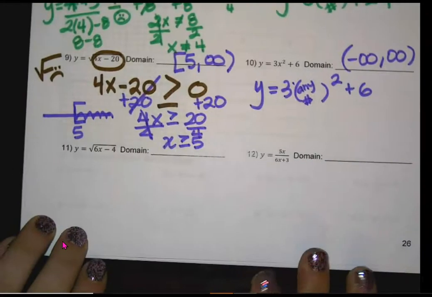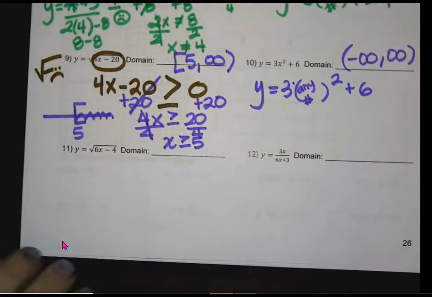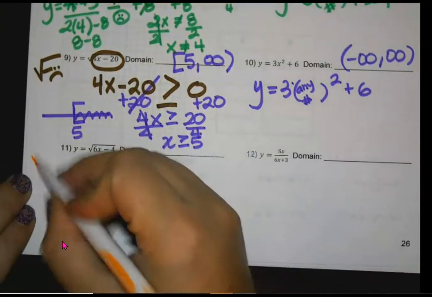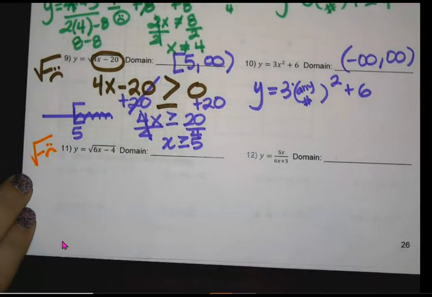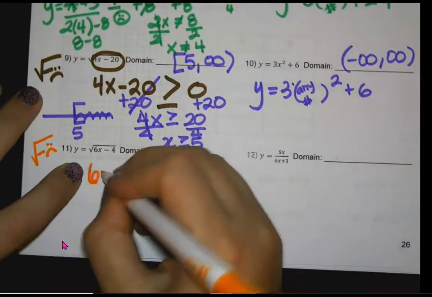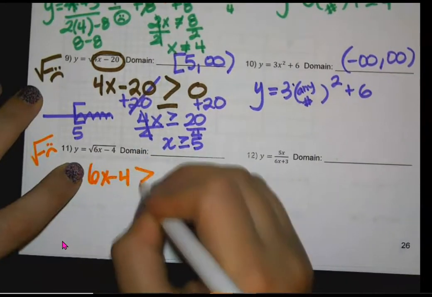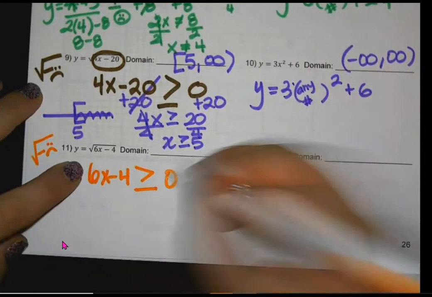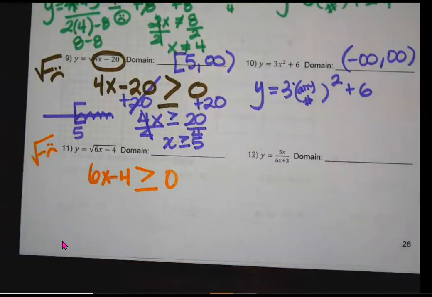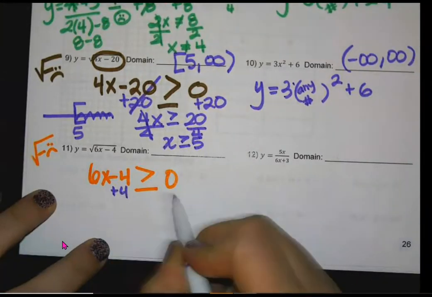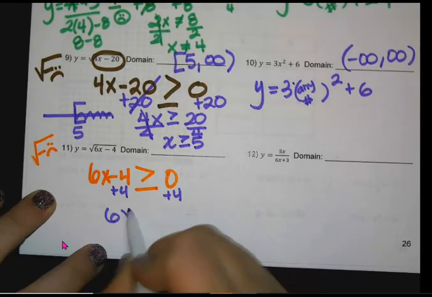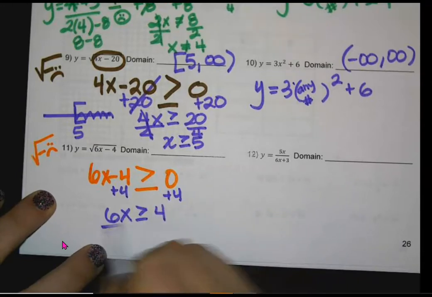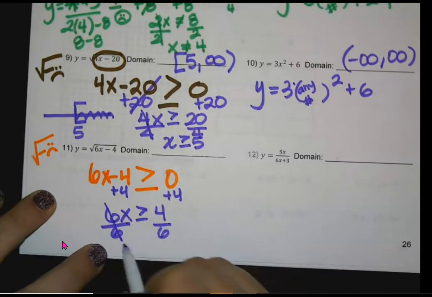All right, let's take a look at number 11. We have a radical, so we say to ourselves, we can't have a negative inside the radical. So 6x minus 4 has to be greater than or equal to 0. Then we'll add 4 to both sides, and then divide by 6.